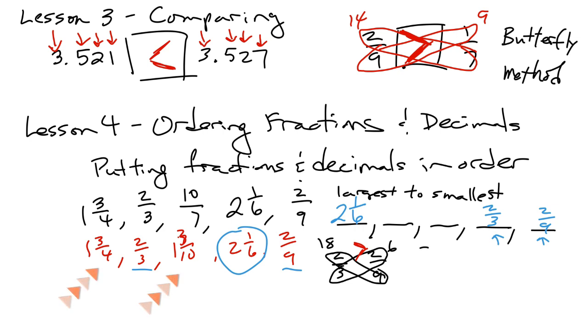So I need to compare 3/4 and 3/10. Butterfly method. 4 times 3 is 12. 10 times 3 is 30. 30 is bigger than 12. So the 3/4 is bigger than 3/10, which means 1 3/4 is bigger than 1 3/10.